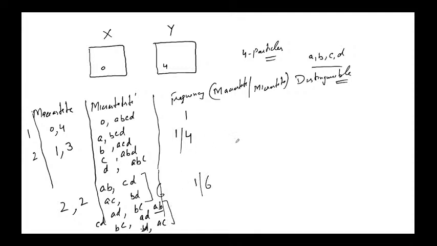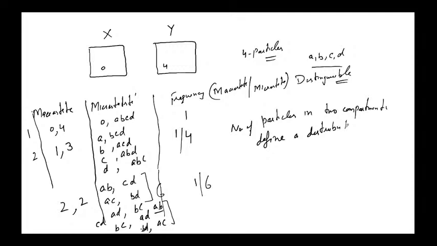Therefore there are a number of ways in which these particles can be distributed. The number of particles in 2 compartments defines a distribution or a macrostate. So this defines how many particles are present in particular states, and that is known as the macrostate.